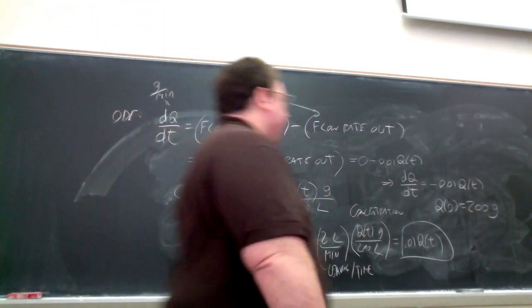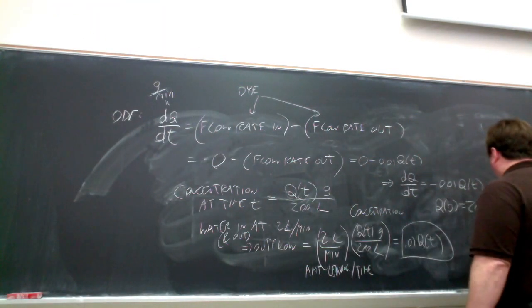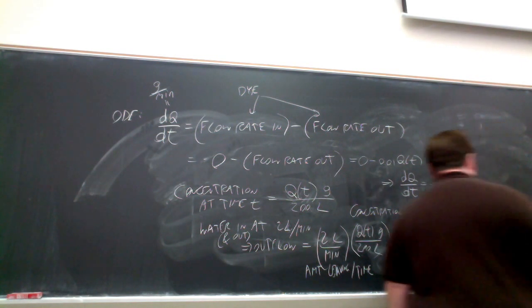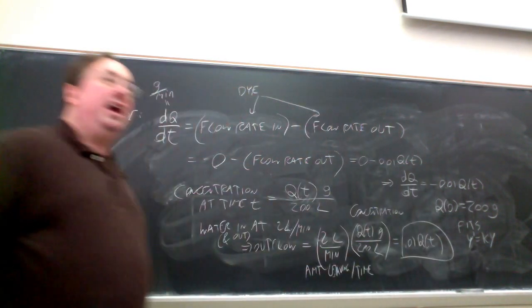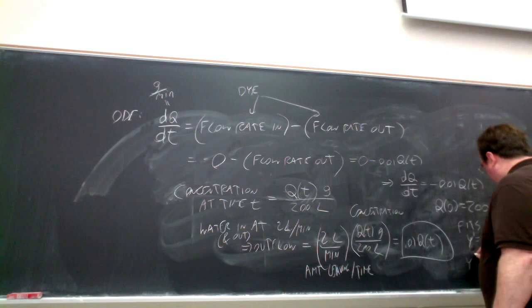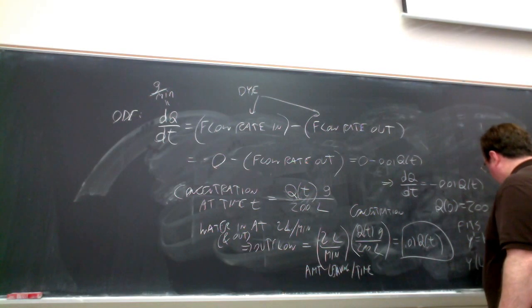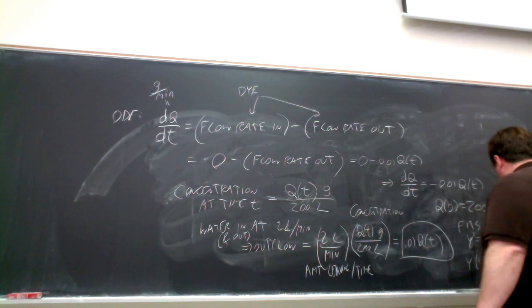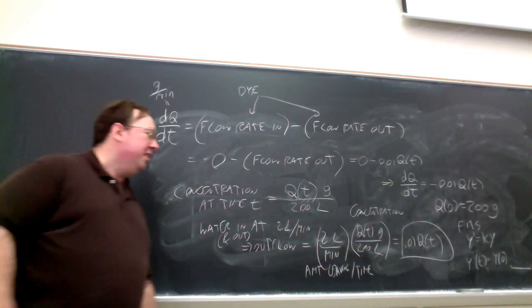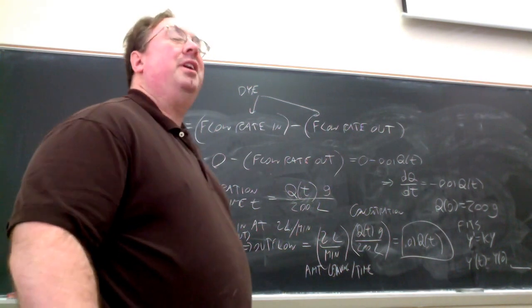Now, this fits the generic form y prime is equal to ky, where k is a constant. And I've said more than once that this is something that's good to know off the top of your head, especially for tests. Fill in the blank, somebody.